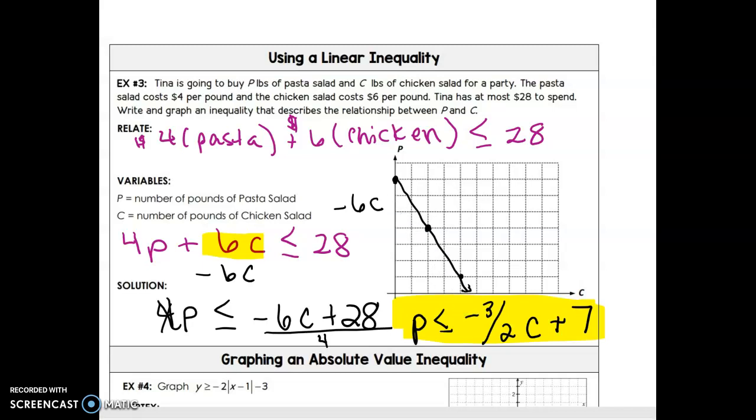We have a solid line. And then, again, do your test point. Let's do 0, 0 as our test point, okay? And we want to see which way we are going to shade. Is 0 less than or equal to 7? Hopefully you're saying that is true. Therefore, this is your shaded region.